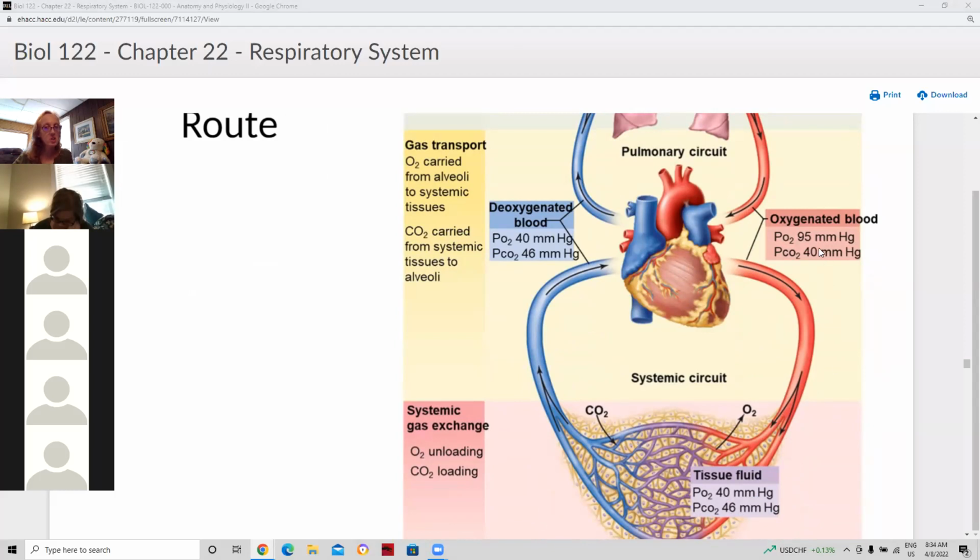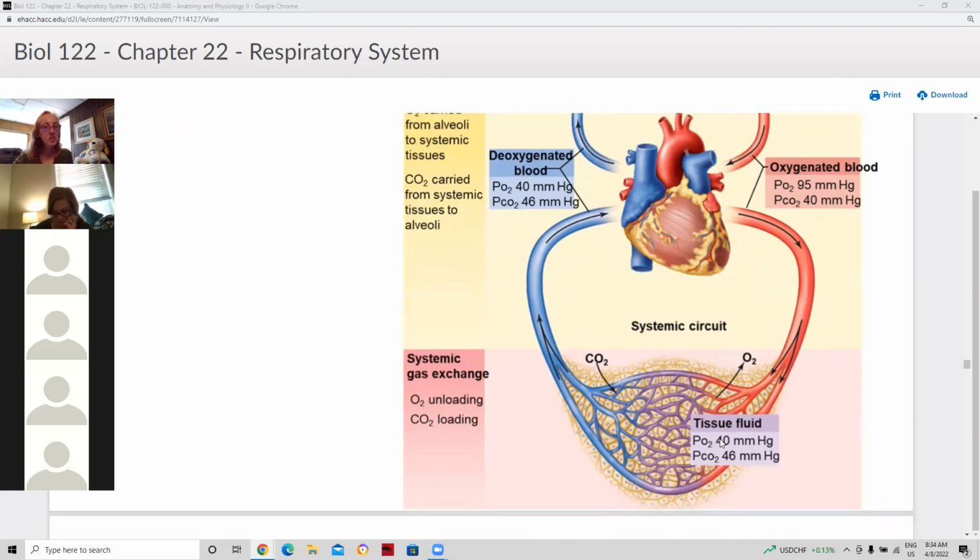So you can see it's dropped. So what happens is that oxygen is going to unload. It's going to go from 95 to 40. And the carbon dioxide levels are going to go from 40 to 46.